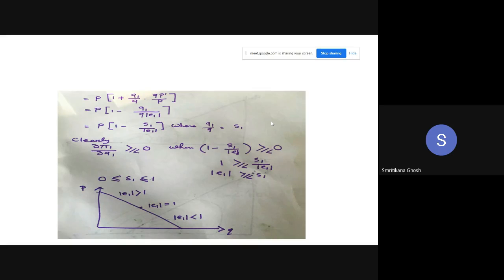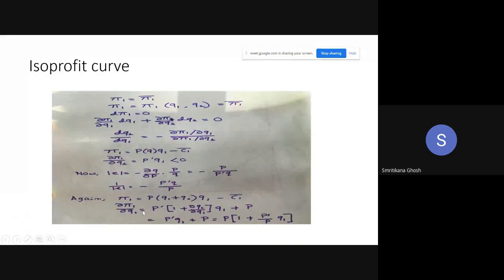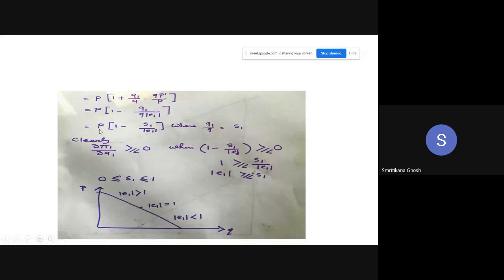So S1. Okay. So what is your del pi 1, del Q1? It is P into 1 minus S1 by mod of E1. Okay. So again, we are confused because we don't know what will be the sign. But we know actually. Why?